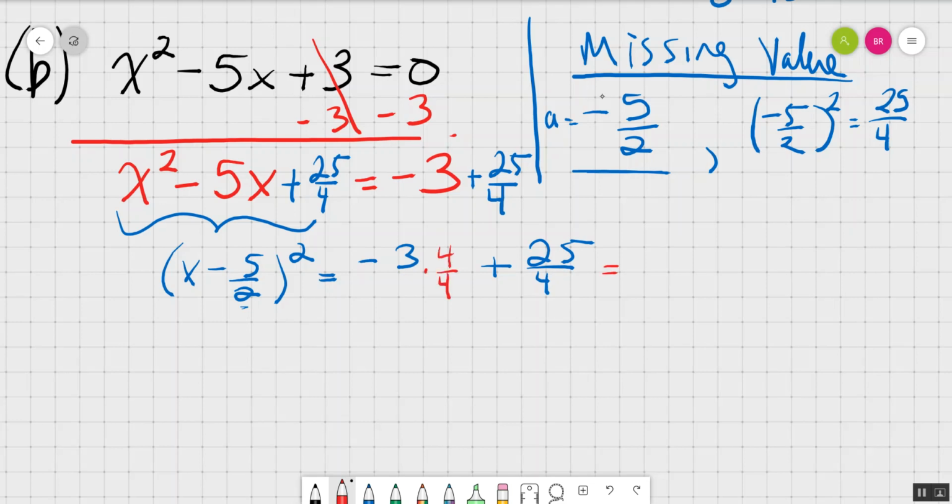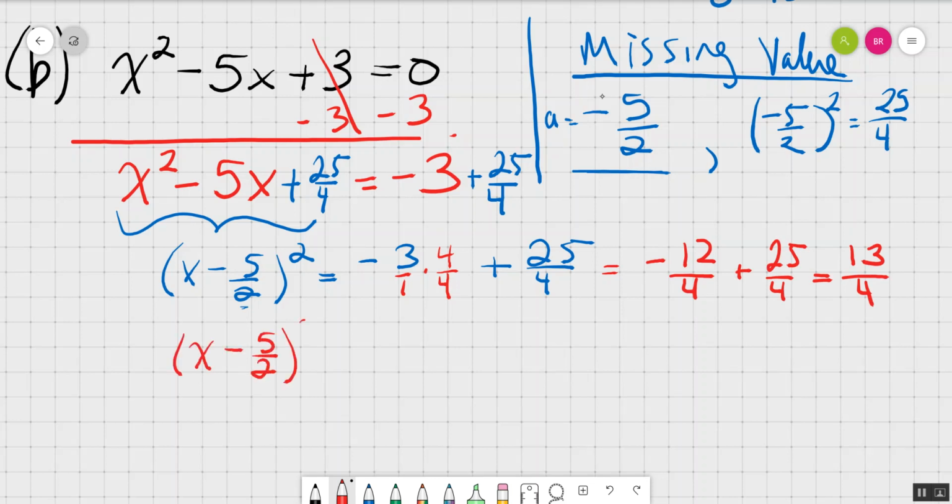So 3 times 4 gives you negative 12 fourths plus 25 fourths. So 25 minus 12 will give me a 13. That's kind of gross. Oh well. Sometimes you shall not get a pretty number. 13 over 4. All right.